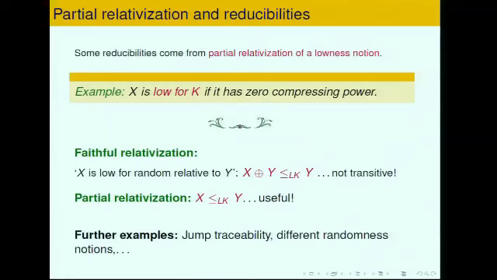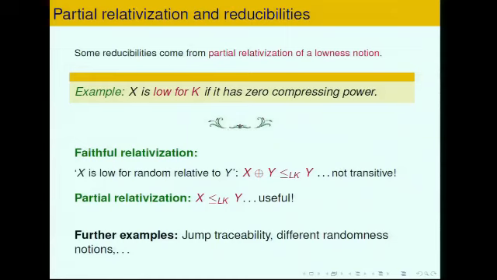The LK reducibility is a particular case of reducibility obtained by partial relativization. It's an operation that might have been around implicitly in the past, but it was made explicit recently. So the idea is that you take a lowness notion.